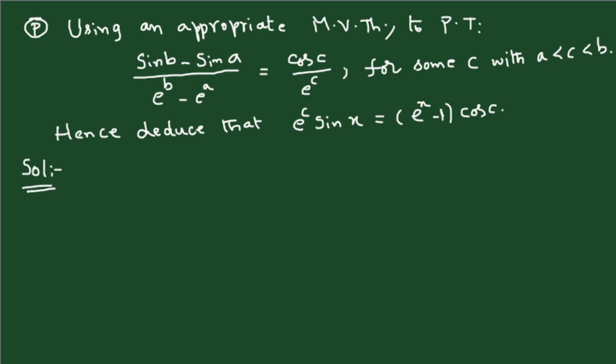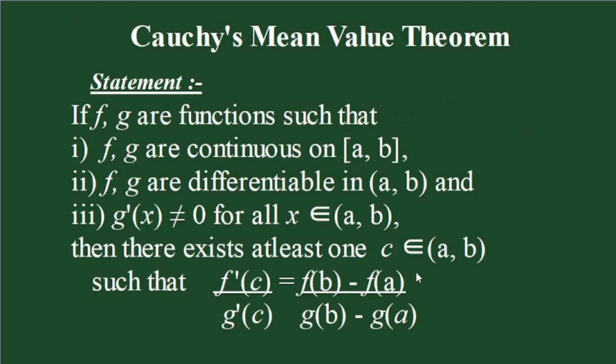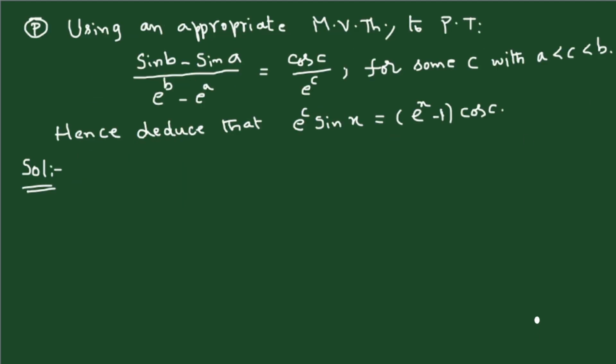This is exactly looking like a Cauchy mean value theorem application, because you are not told to use Cauchy mean value theorem in the problem, but it looks like f'(c) by g'(c) equal to (f(b) minus f(a)) by (g(b) minus g(a)). Therefore, it is an application of Cauchy mean value theorem.